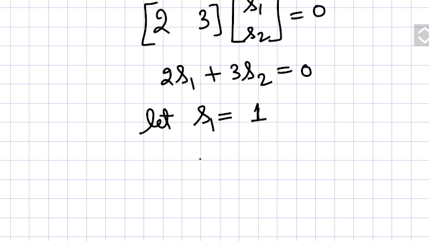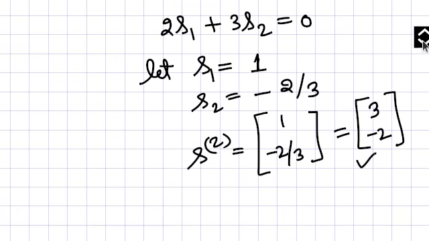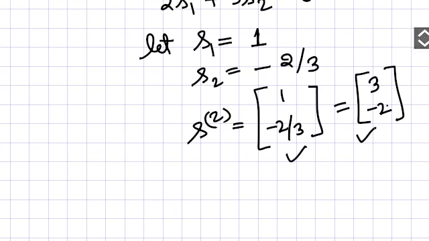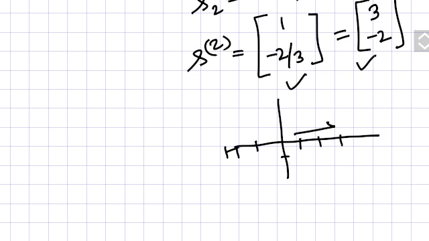If you take S1 equal to 1, then with the help of this equation you will get S2 equal to minus 2/3. So your conjugate direction will be 1, minus 2/3, or if you multiply it by 3, you get 3, minus 2. It is a much better way to express it, and it is the same direction. So this is your conjugate direction. It means you go three values here and minus 2 values here.